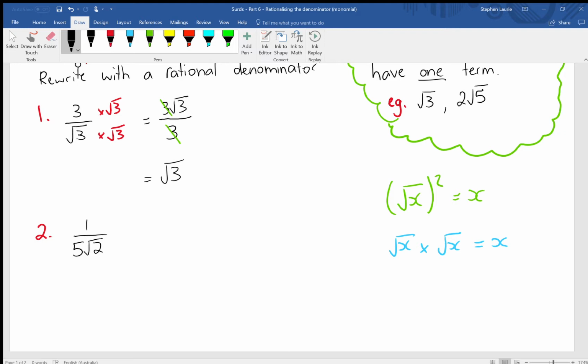But the 5 is already rational. We just want to get rid of the surd part, which is the square root of 2. So let's just times by the square root of 2. And whatever we do to the bottom, we do to the top.